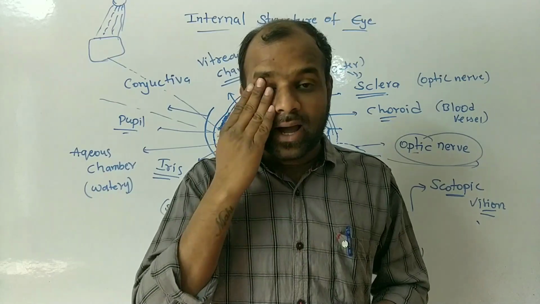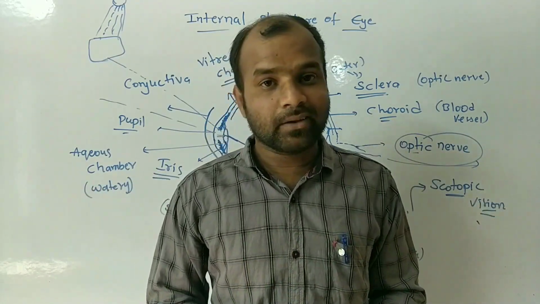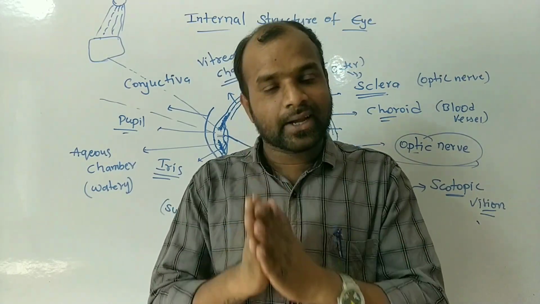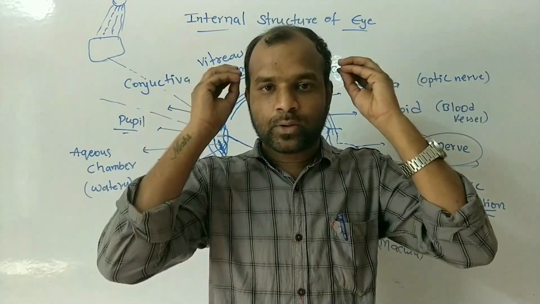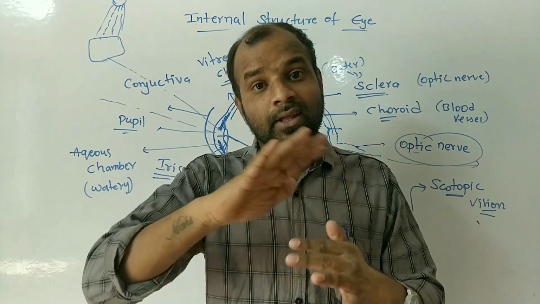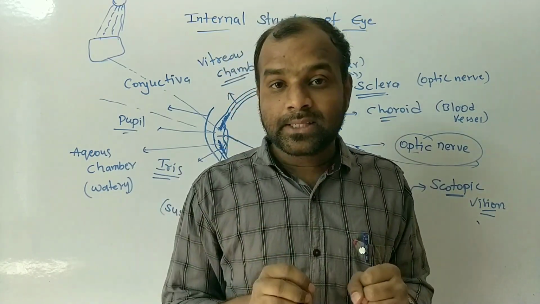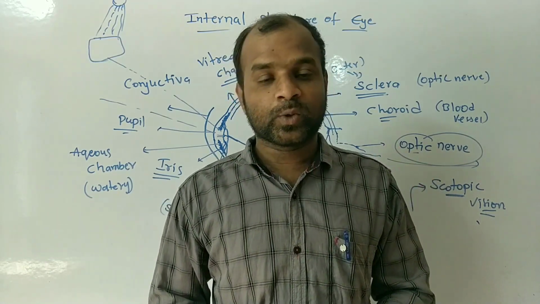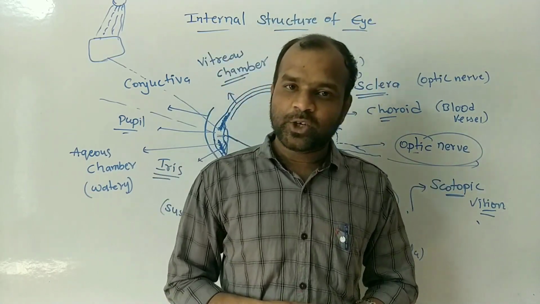The area of vision of one eye and the area of vision of the second eye are sent as separate pictures to the brain, where further processing takes place to form the 3D image.